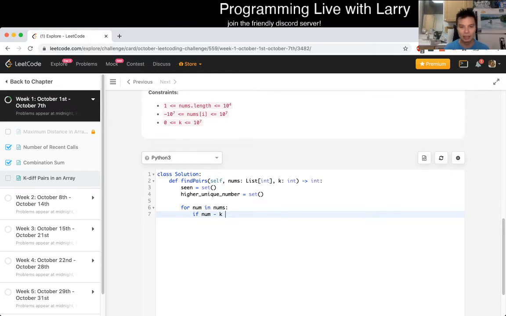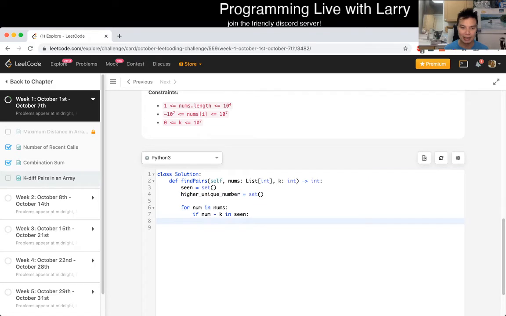So okay, if this is in seen or not in seen, then we... oh yeah, wait. If this is in seen, that means that the smaller number, num minus k, is seen, right? So that means that we want to put the higher number in higher unique number.